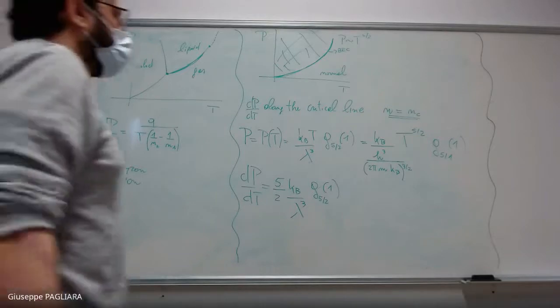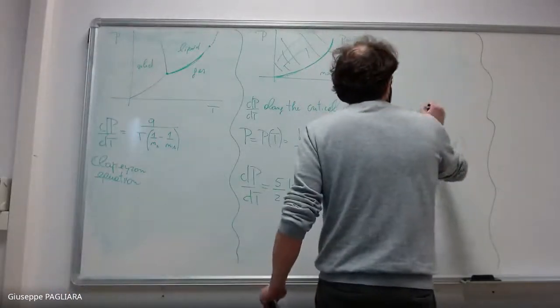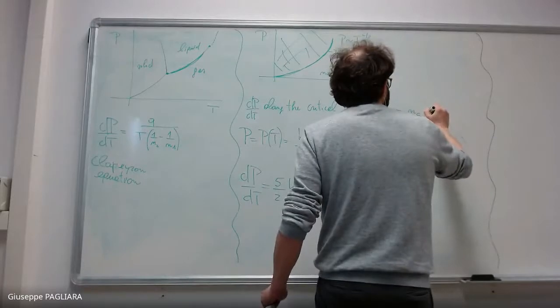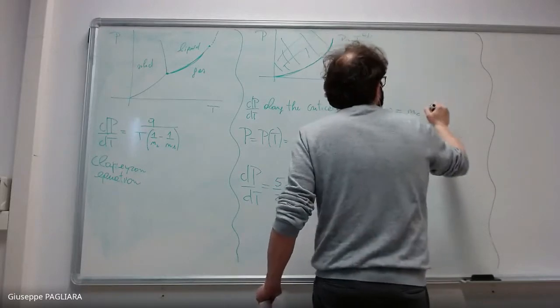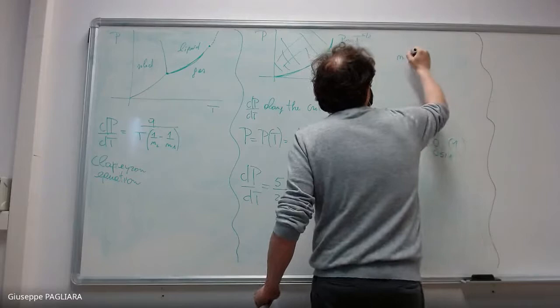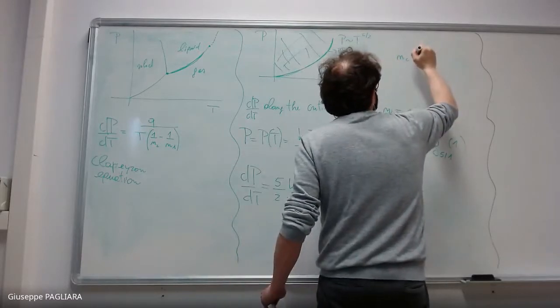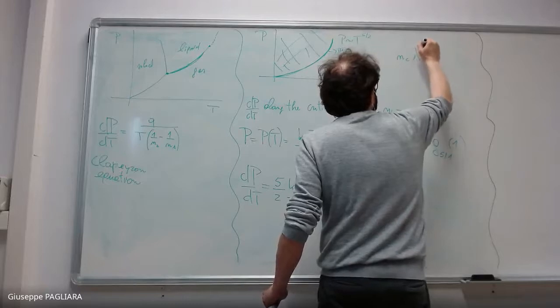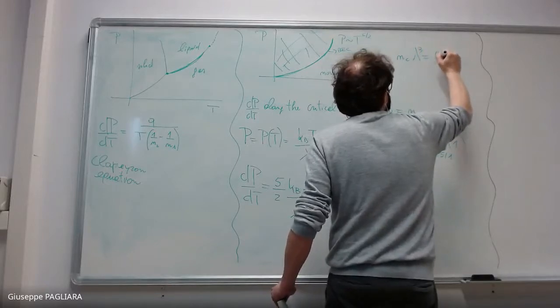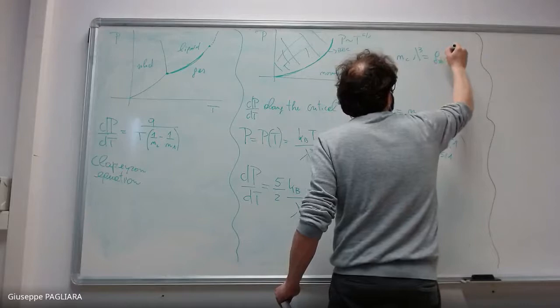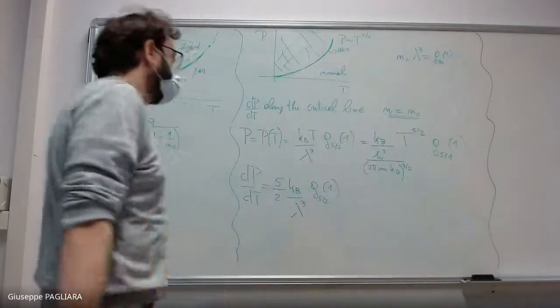Okay. Now N is equal to N_C, and remember that N_C lambda cubed is equal to g_{3/2} of 1.